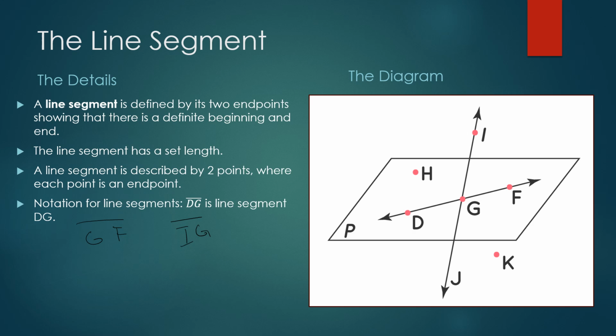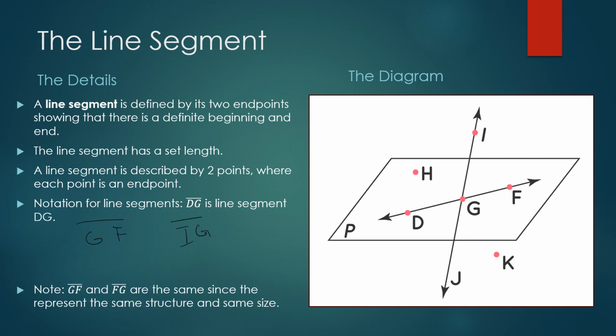What is different is the symbol on top. The symbol on top defines what structure you're actually talking about. Just like a line, the line segment, if we use the two different endpoints in either order, is the same. So remember, a ray is not the same, but for a line and a line segment, you can use the same two letters and it represents the same structure.